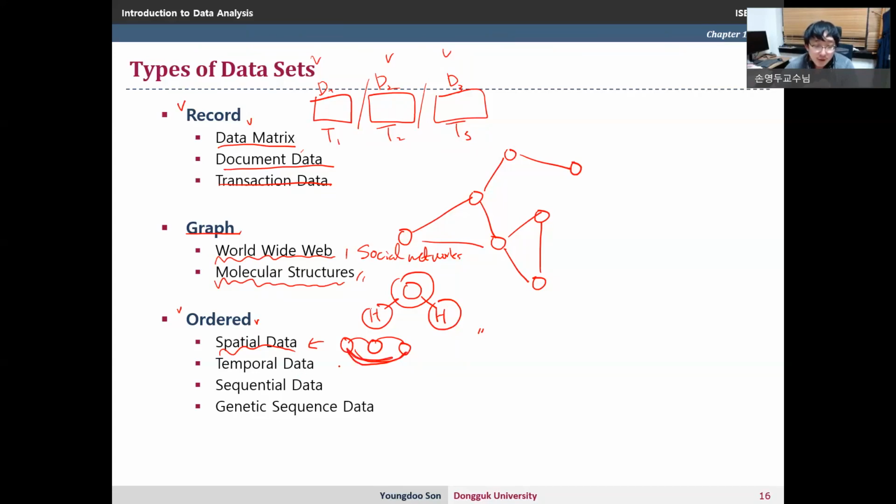And temporal data are similar. However, they are related in a time manner instead of a space manner. So this one is data about time, and some data are related to both space and time. Then we call these types of data spatial temporal data.